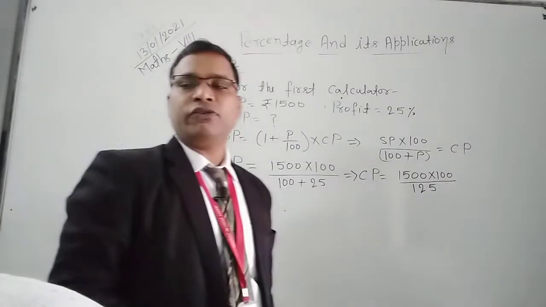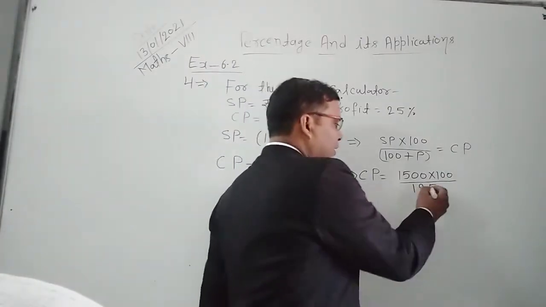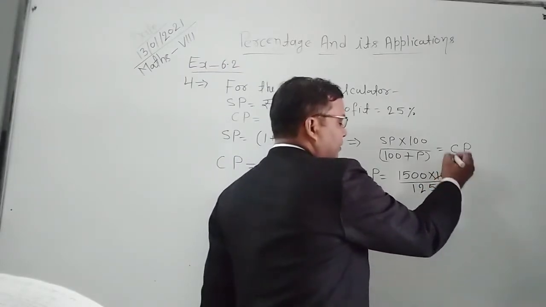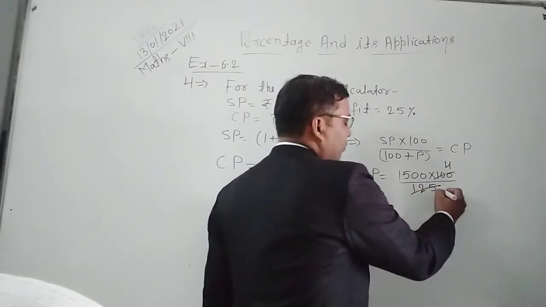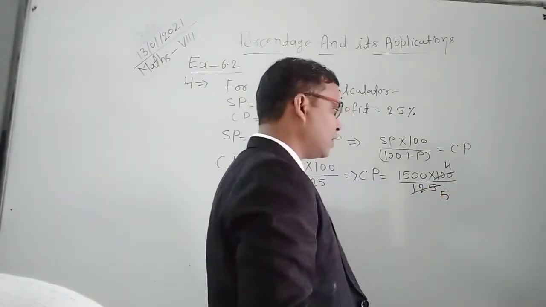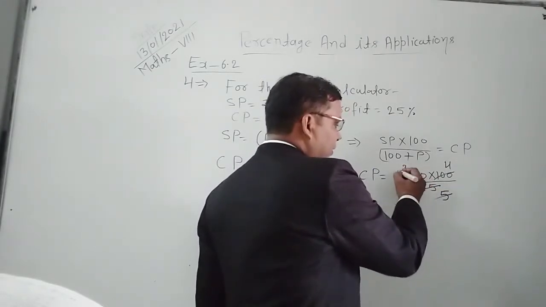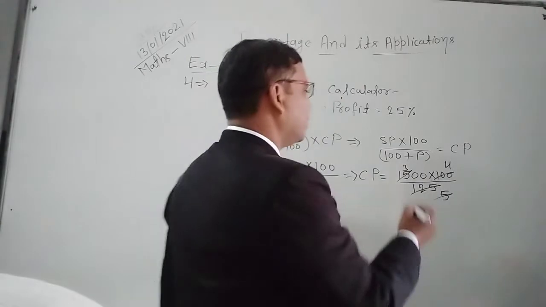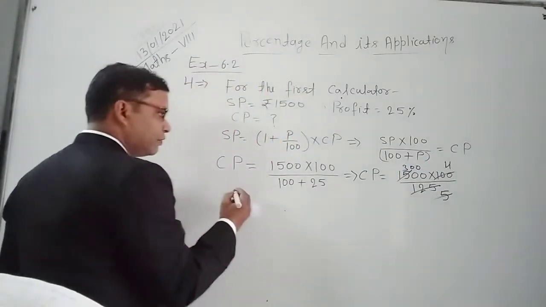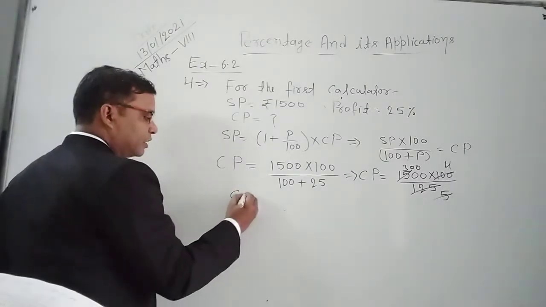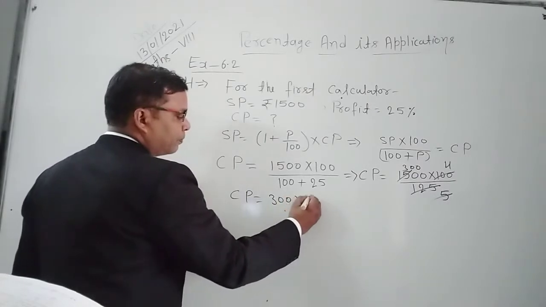Clear? If you cancel it by 25, then you get 4 and 5 fives are 125. Now after this you can cancel 25 threes. So you have here 300 into 4.